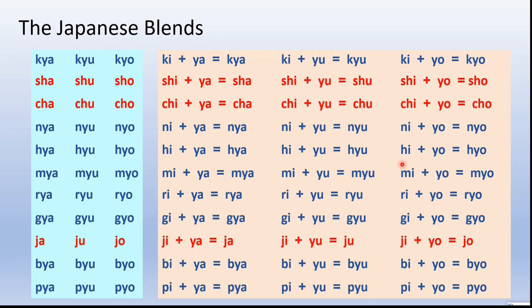The blended sounds are produced in Japanese by combining a consonant first with the i vowel and then with either the ya, yu, or yo sound.